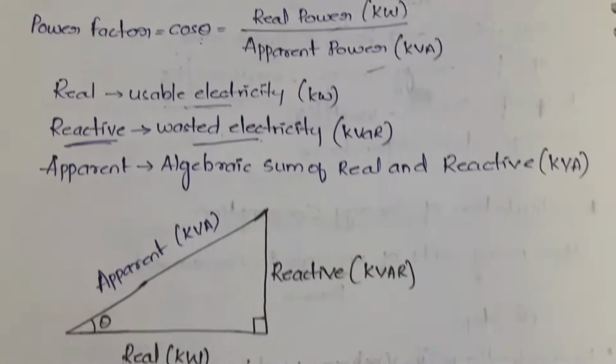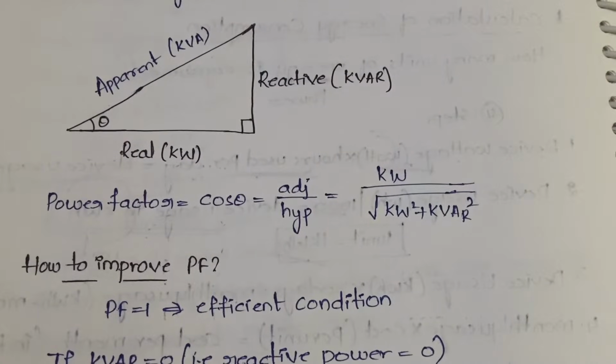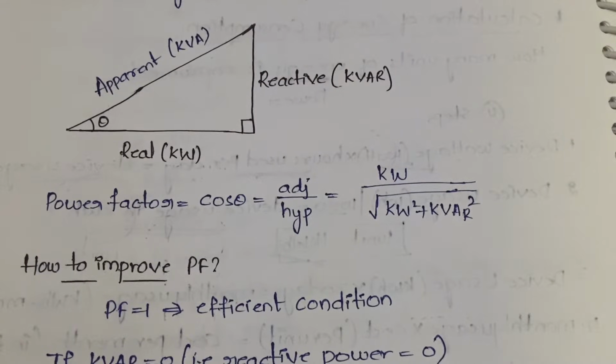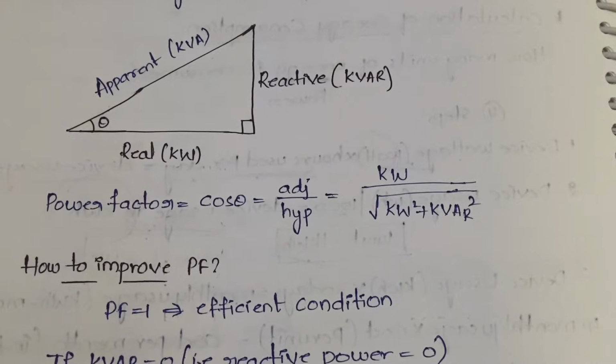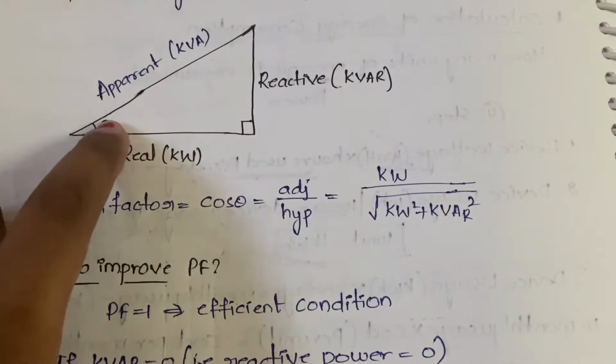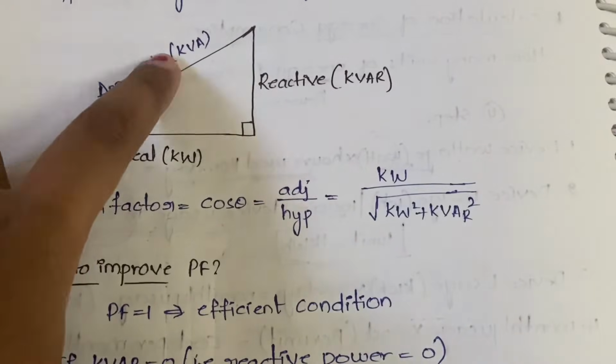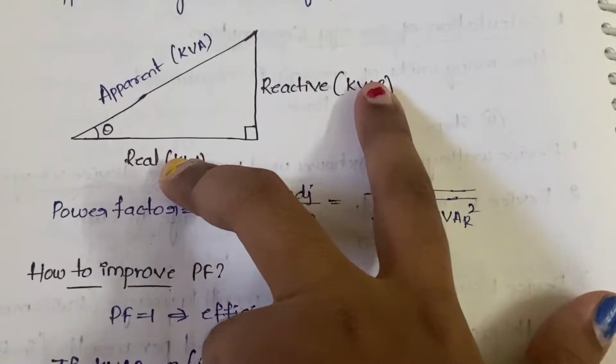Okay, so let us understand it with a right angle triangle. As I already said, power factor is cos theta, right? So cos theta means what formula according to trigonometry? Adjacent side by hypotenuse. So what is the adjacent side to theta here? Real, kW. And what is the hypotenuse? This is the hypotenuse, right? Apparent, which is nothing but the algebraic sum of real and reactive.